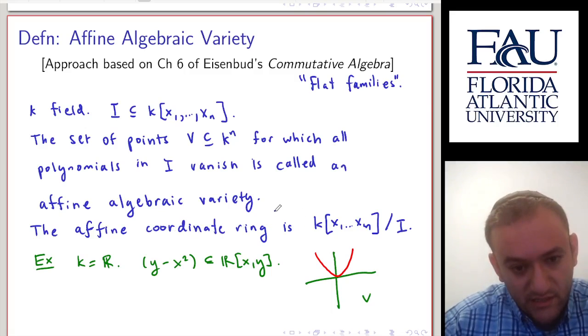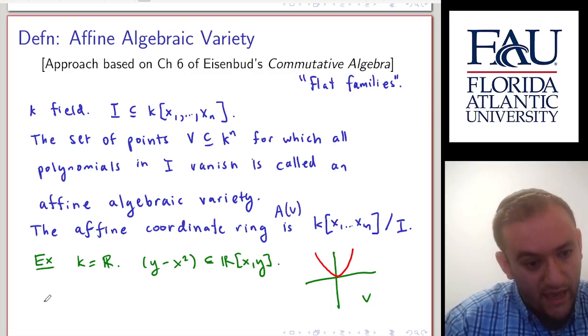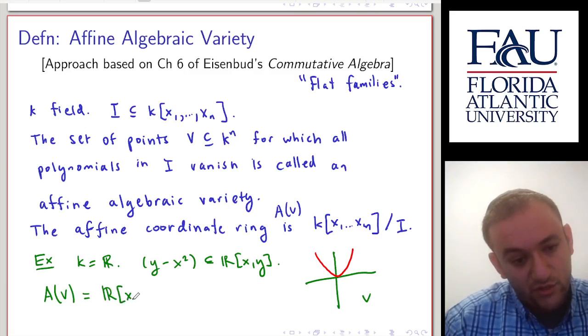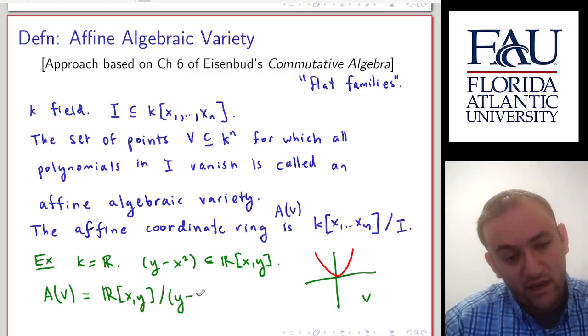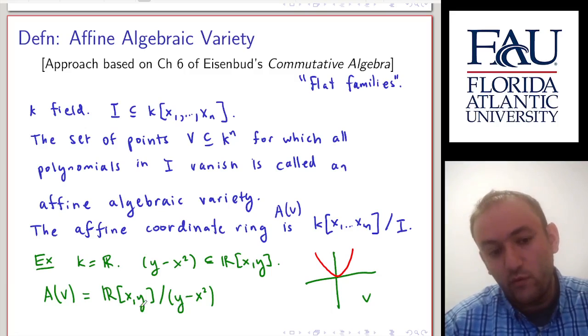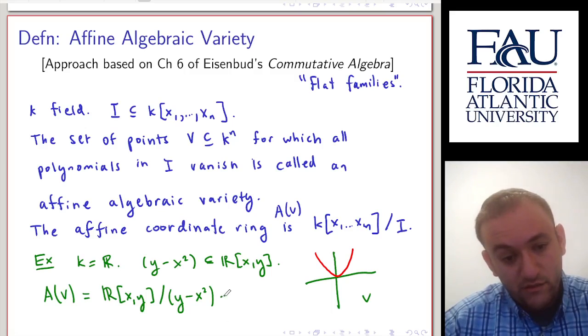And I forgot to mention, this is called A of V. So in our case, A of V will be equal to the ring of polynomials R adjoin x, y modulo y minus x squared. Okay, but if you'll notice, y minus x squared, that just means that whenever I am interested in writing down y, instead I could just as easily write x squared. So this is isomorphic to R adjoin x.